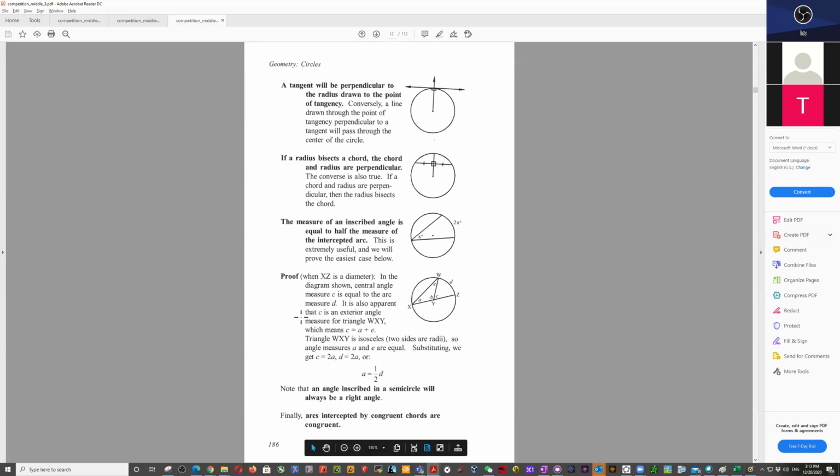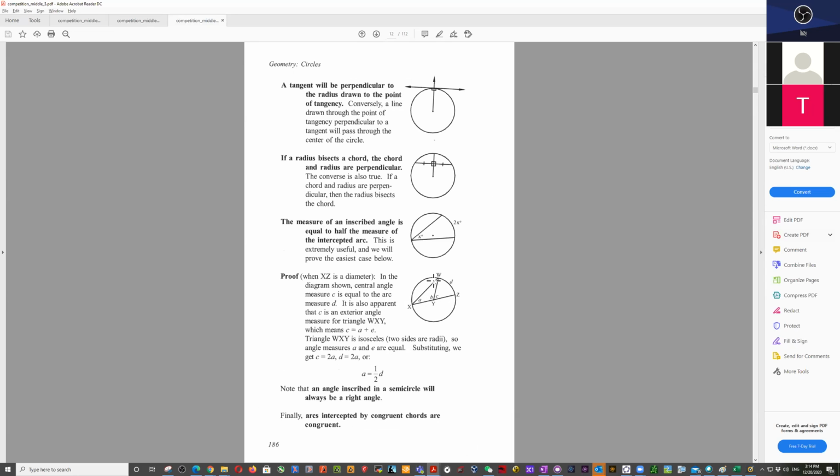So here is a very simple proof for the inscribed angle. For example, I have a special case where I make the inscribed angle so that one side passes through the center of the circle.